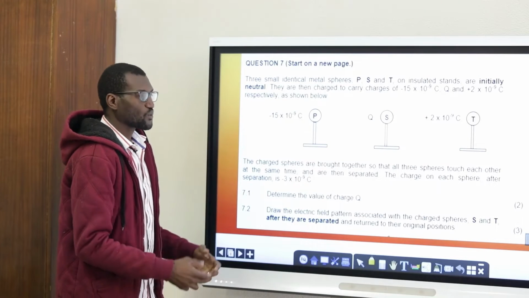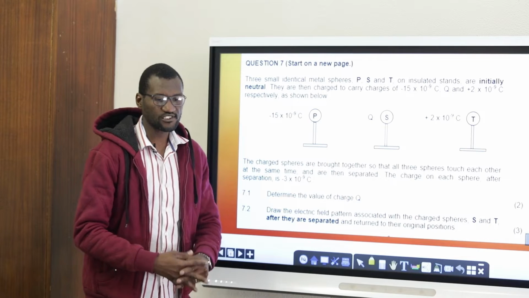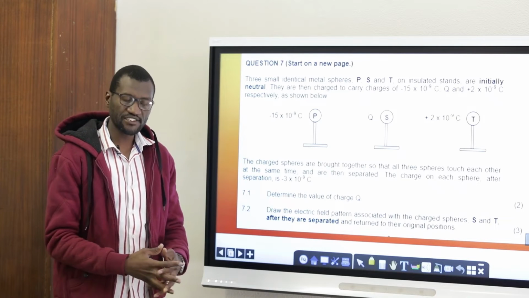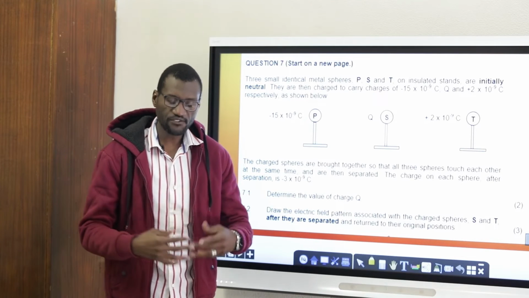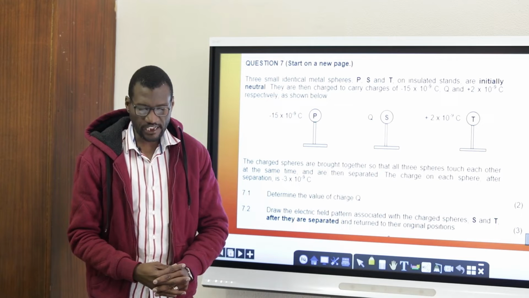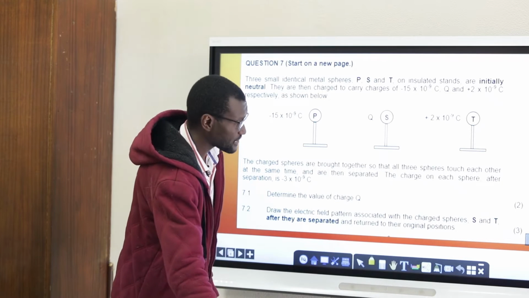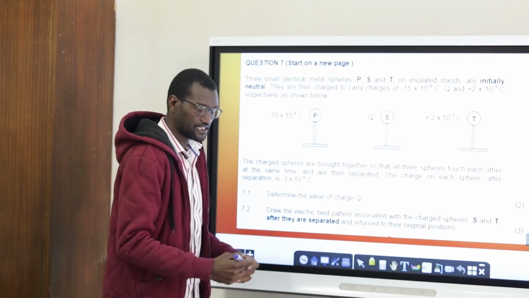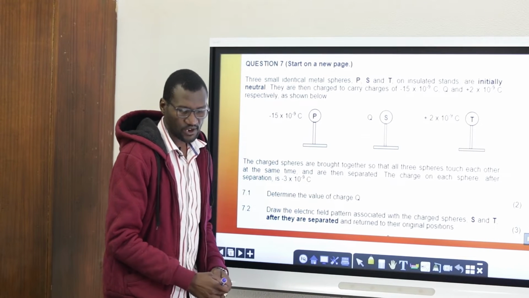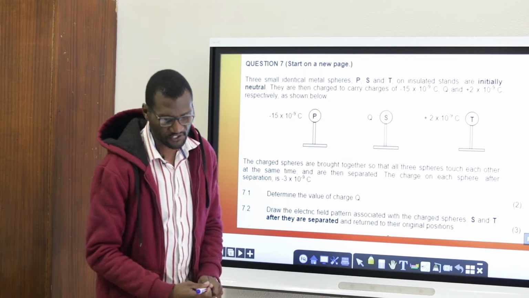Questions that involve electrostatics often come together, those that involve electric field as well as questions that involve calculating electrostatic force. So you must be ready when you get into an exam to answer such questions.